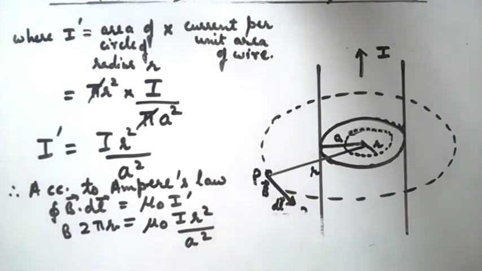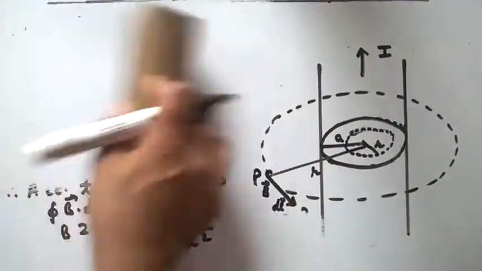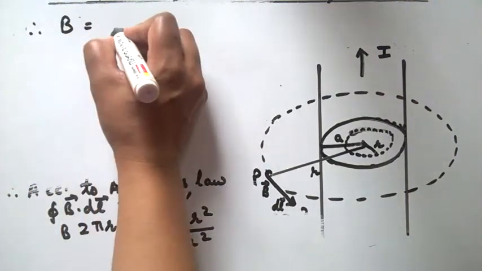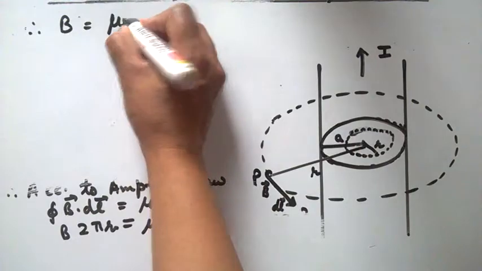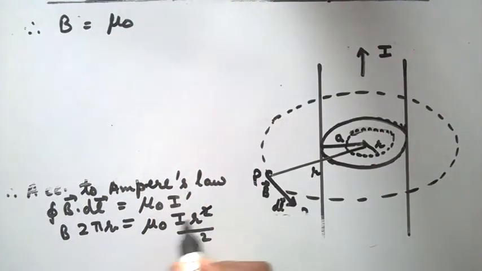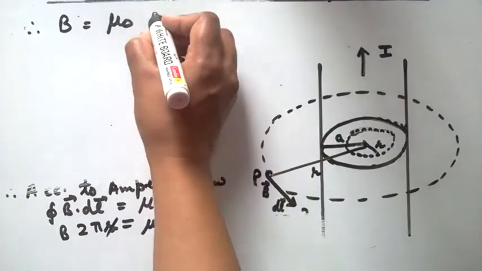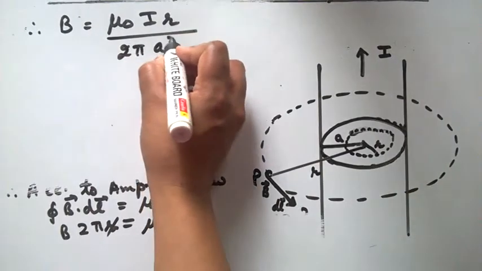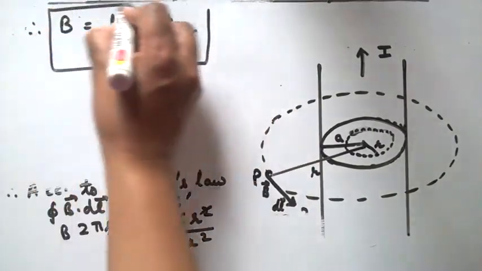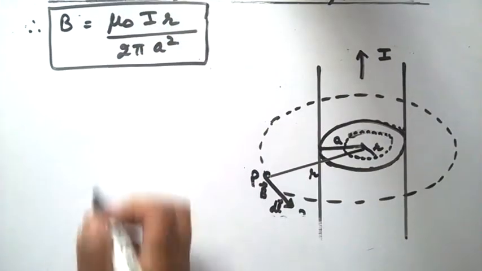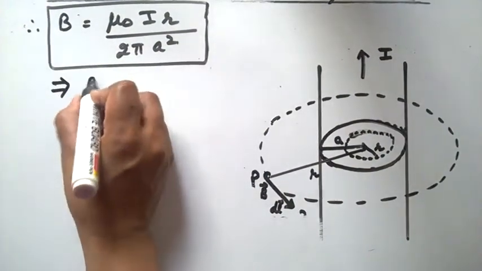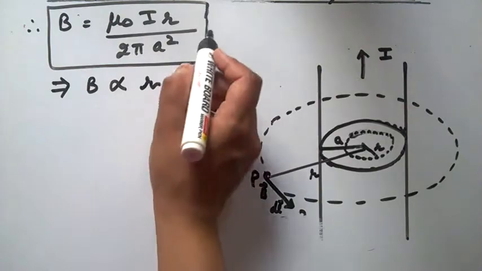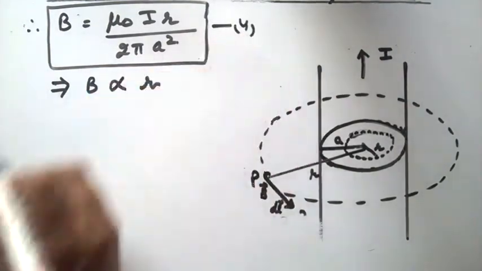Therefore, B is equal to mu naught, r will cancel out, and we get I r upon 2 pi a square. This implies that magnetic field is directly proportional to the radius of the circle, and this is equation number 4.